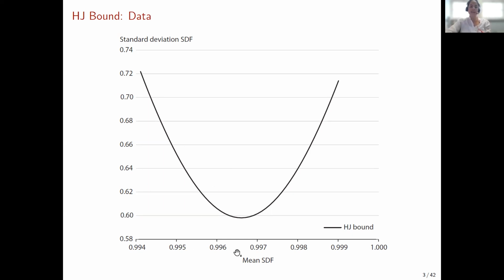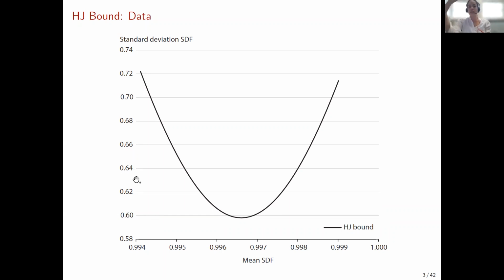And why is that? Because if you take just a standard consumption-based stochastic discount factor, we know that the volatility of the stochastic discount factor should be risk aversion times the volatility of consumption. Because volatility of consumption in the US is around 2-3%, you need a risk aversion of at least 30 in order to match the 60% that we see in the data.